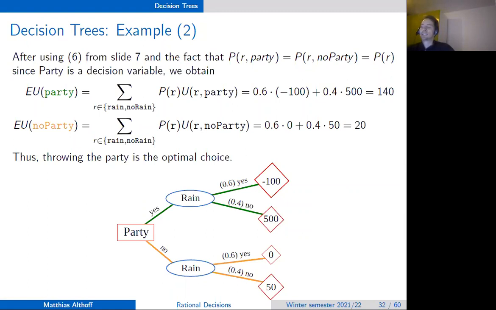And as you can see, the more decisions you have and the more stochastic variables you have, the branching is exponential. So this whole approach only works for smaller examples. Here we just used a very small example because it fits on the slide. I mean, 2 decisions is still fine.